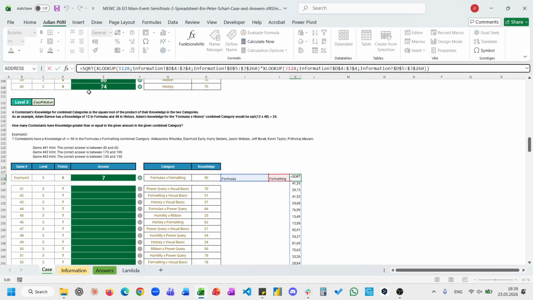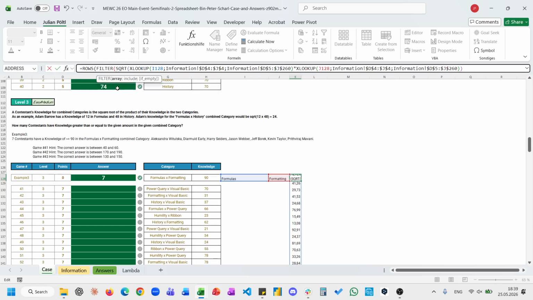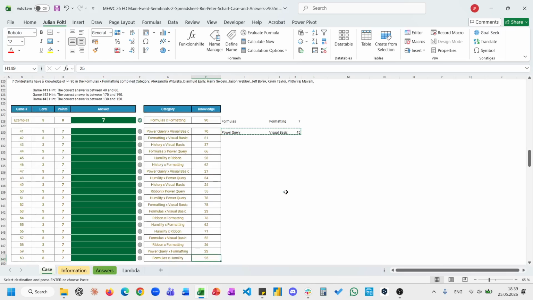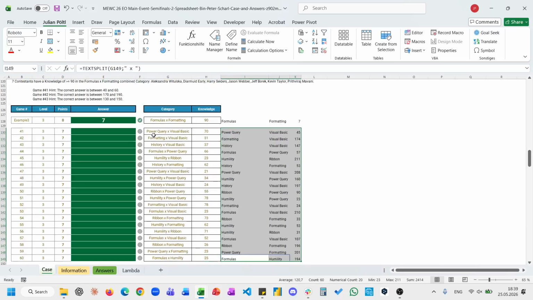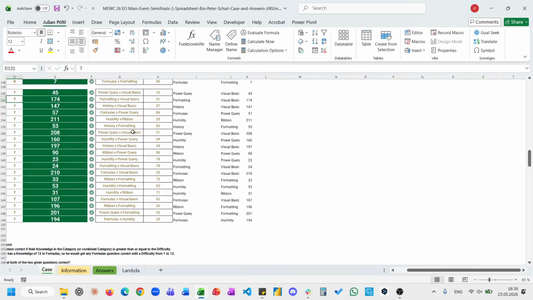And then we can simply filter rows where this result here is larger or equal than 90. And it's again 7 years in the example. And we're good to go.